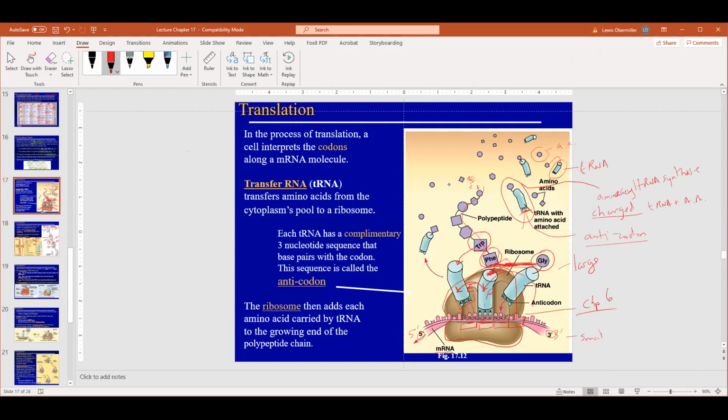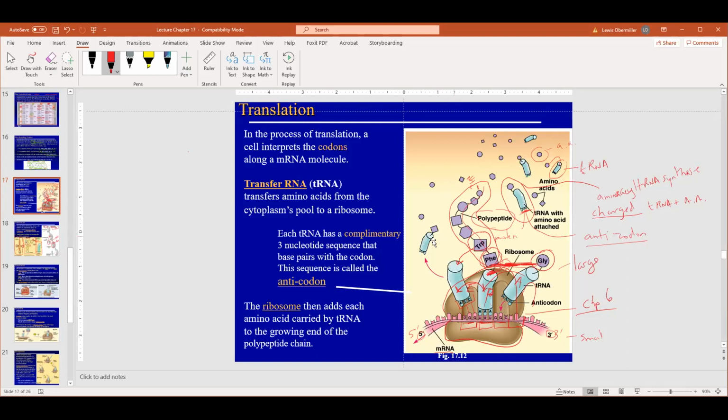P is the peptide site. That's because it's the growing polypeptide. Remember, that's a fancy name for protein. The growing polypeptide grows from the P site. And then this is the A site, the amino acid site, because the charged tRNA comes into it.